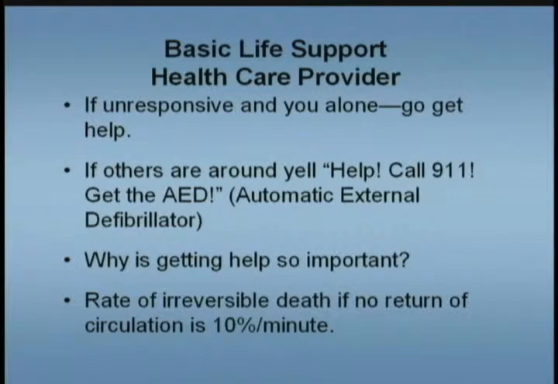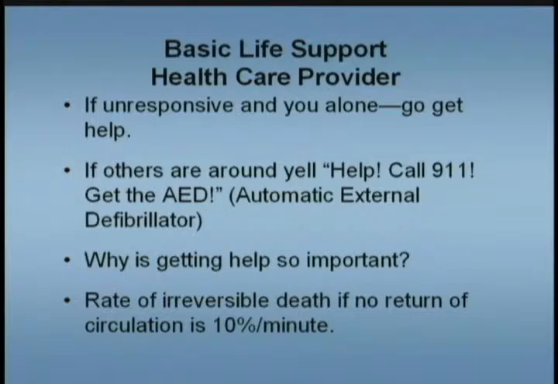Okay? So I know it's counterintuitive to get help first, but why is it so important? Well, it's important because if the patient isn't returned to a perfusable rhythm soon, they're going to be permanently dead. The most common arrest rhythm, that means patients with no pulse, no breathing, cardiac arrest, is ventricular fibrillation.